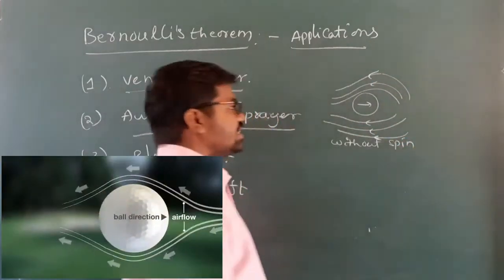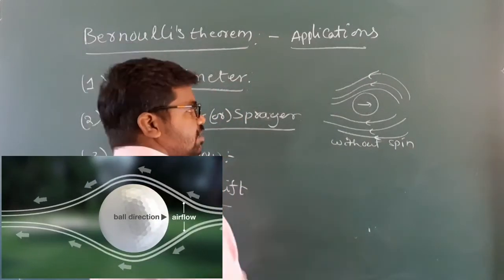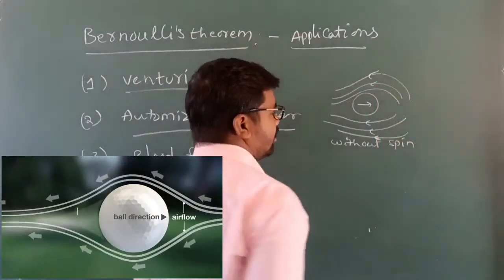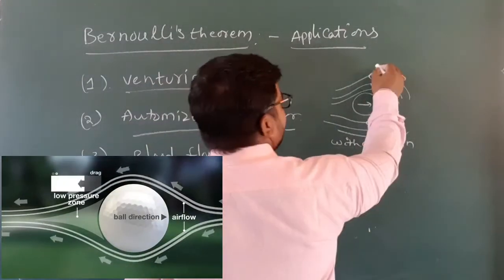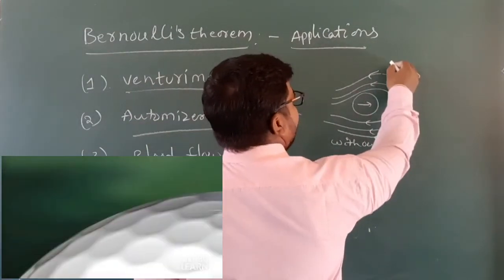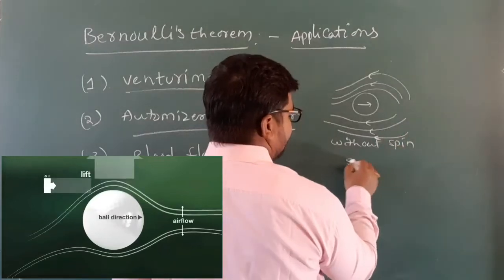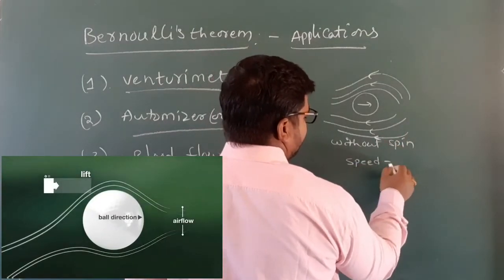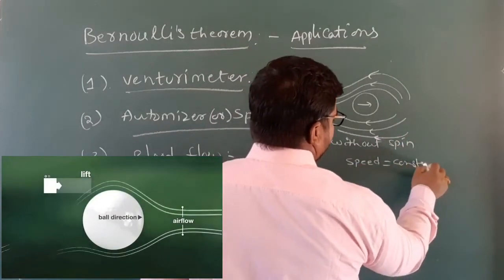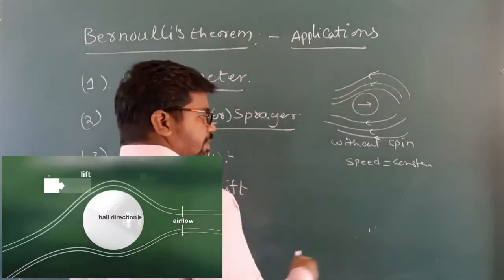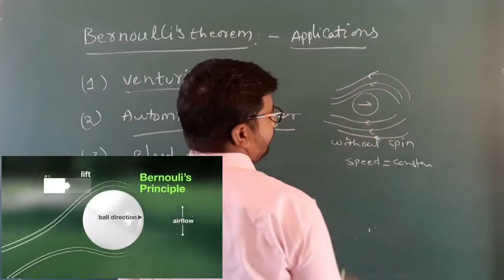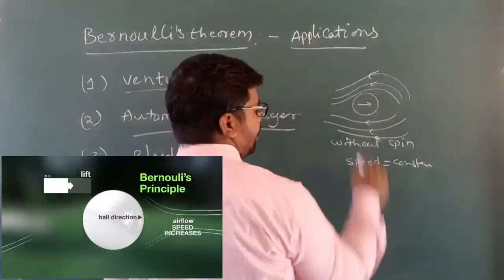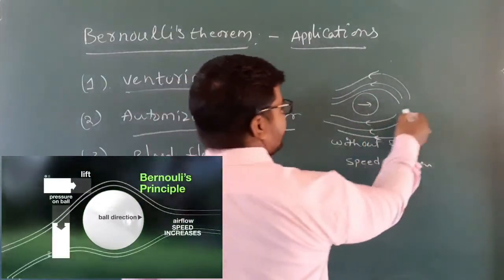In this case, above and below, the fluid velocity is the same. The speed is constant, so there is no external force on the body, and the body moves in a straight path.